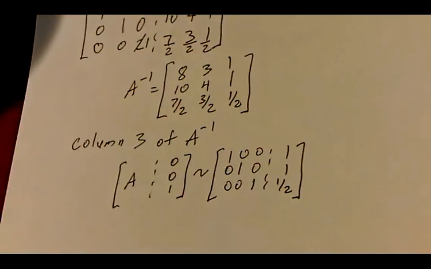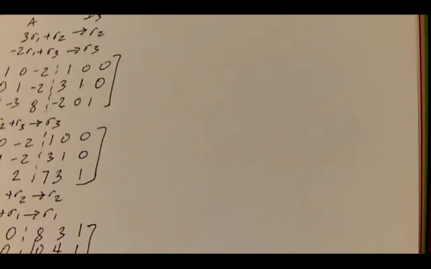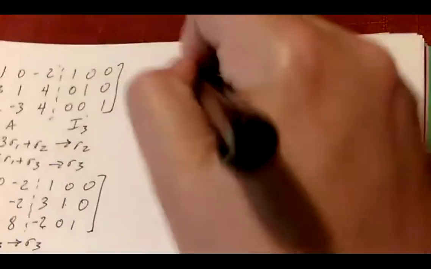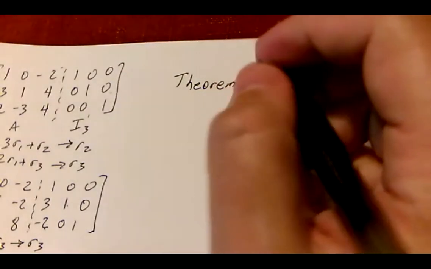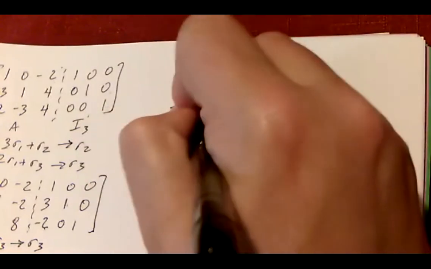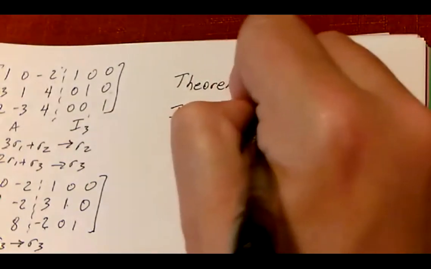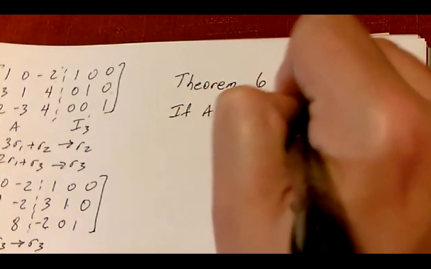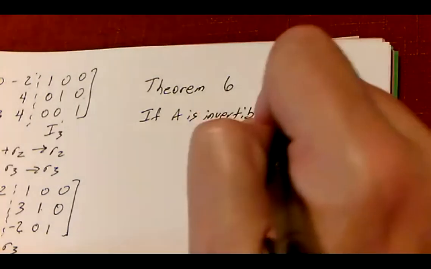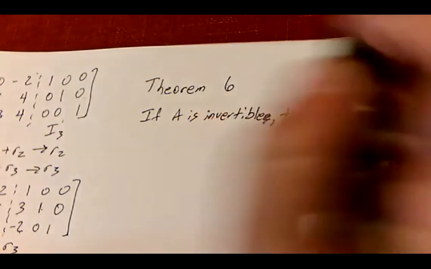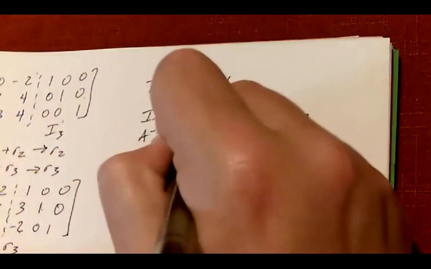Now I promised I would go back to theorem 6, and I'm going to do that here. And we'll talk about some algebraic properties that go along with this. So theorem 6 says if A is invertible, then A inverse is invertible.